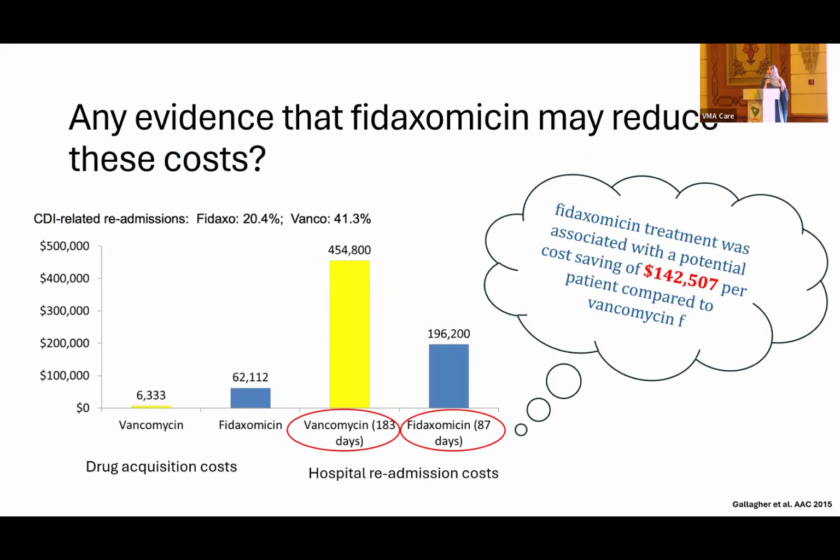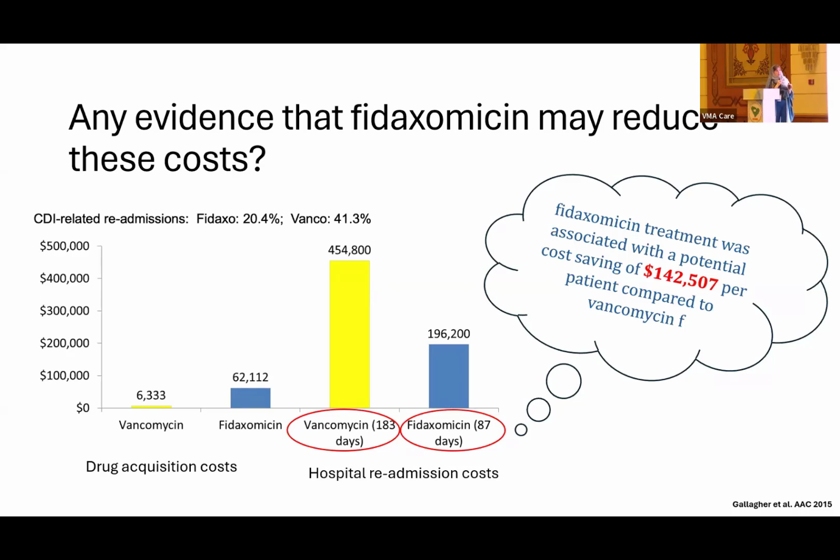There are also multiple cost effectiveness studies studying the difference between fidaxomicin and vancomycin. We can see here that Clostridium difficile related readmission is 20% in the fidaxomicin group in comparison with 41% in the vancomycin group. The yellow column is the price for vancomycin, and the blue one is the price for fidaxomicin.